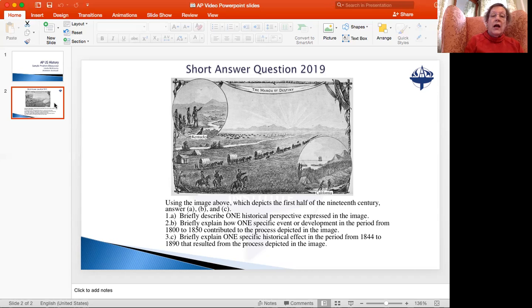The elements in the document are there to help give you clues, to help you to be able to answer the questions below it. So if you take a look at the document, at the top it says the March of Destiny.